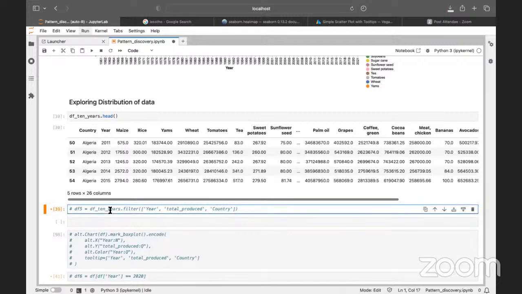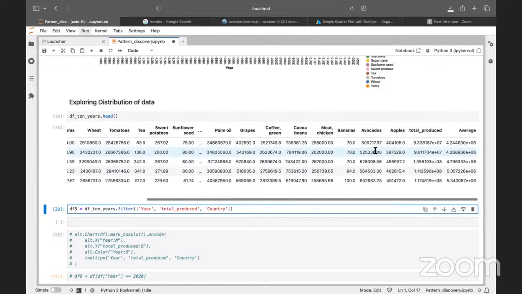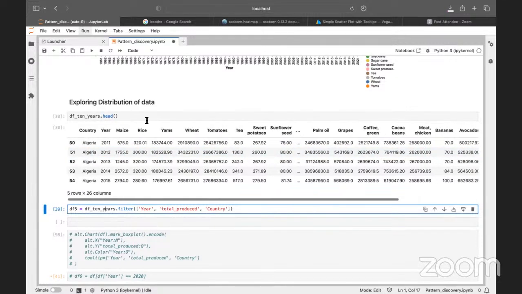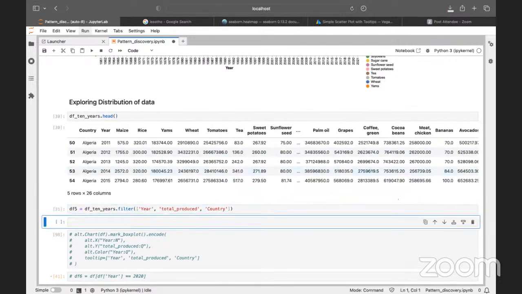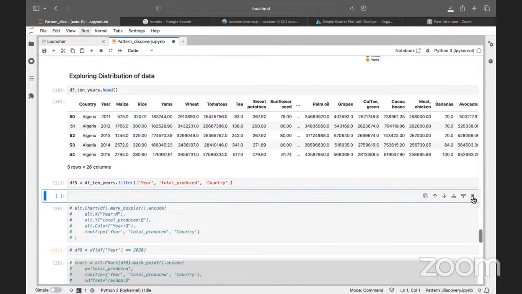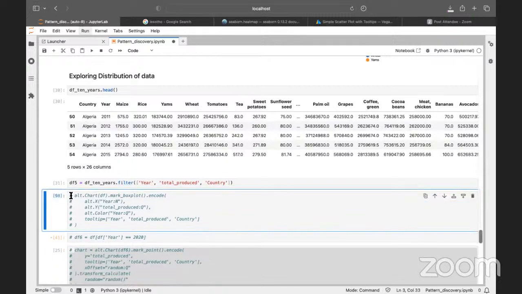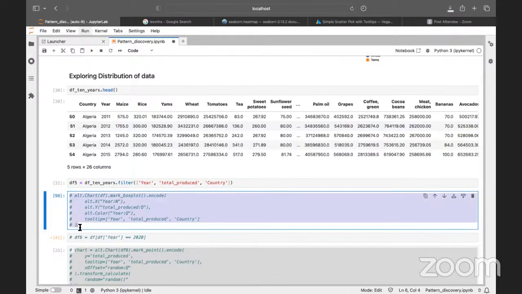So here I'm just going to be filtering for the year, the total produced, and the country, and we're using alter.